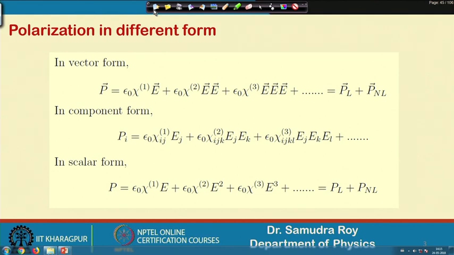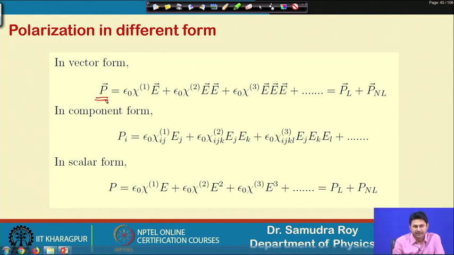So, in the first form you can see that the left hand side is a vector quantity. So, P is essentially a vector which is related to the susceptibility tensors, where these quantities are first order, second order tensors and so on, and then it is related to the electric field E. The first term is a well known term, P is equal to epsilon 0 chi 1 E, but the second, third, fourth, fifth etc. terms are written in a different way.